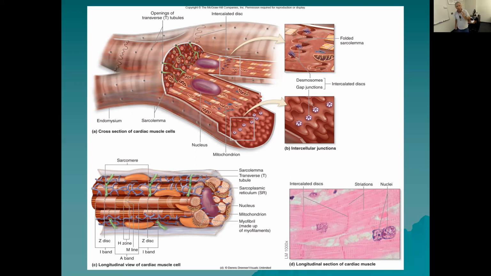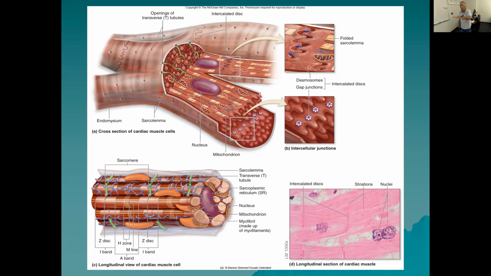Cardiac muscle is quite different. Remember, calcium is the trigger for all muscle contraction. There is a sarcoplasmic reticulum, but as I mentioned, it's much smaller than in skeletal muscle.